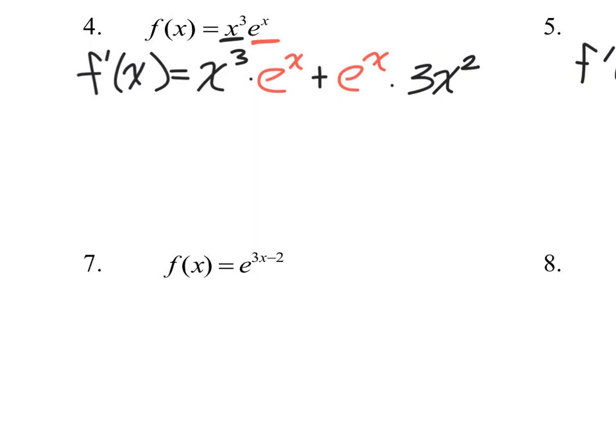All right. This follows the same model, e to the u times u prime. So e to the 3x minus 2 times 3.